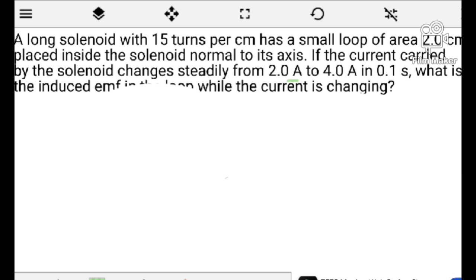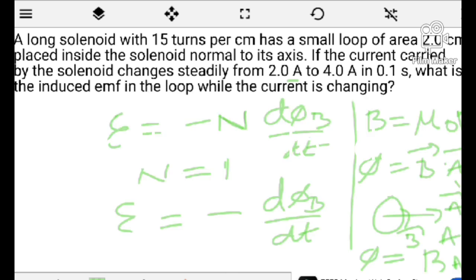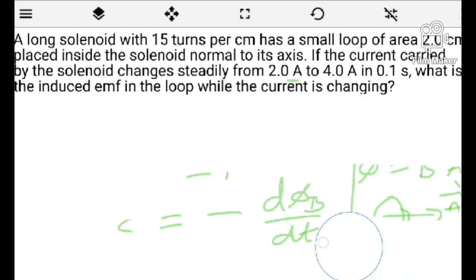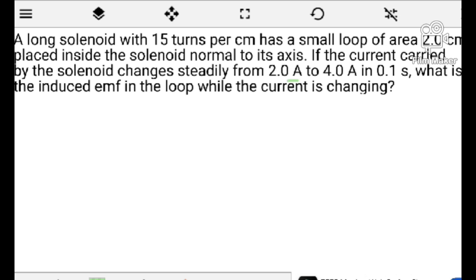Again, phi B equals B bar dot A bar. Since B bar and A bar are in the same direction for the given loop, B bar dot A bar becomes BA, and the area of the loop is constant.